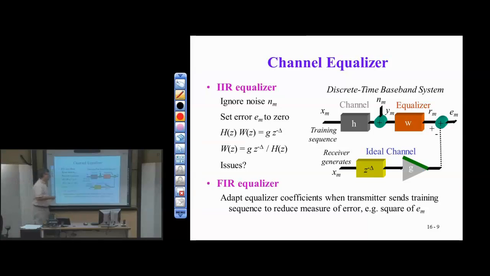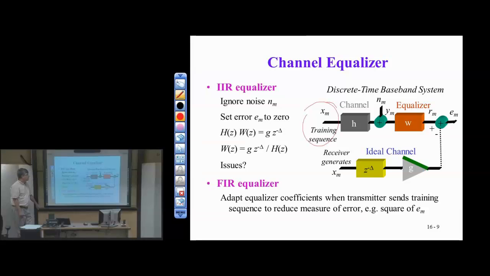All right, so here's the setup. We have a discrete time baseband system. I have a transmitter that's going to transmit x[n]. And at some point in the connection, I'm going to send a training sequence. The training sequence will be, what do you think? Pseudo noise. Yeah, most likely pseudo noise.